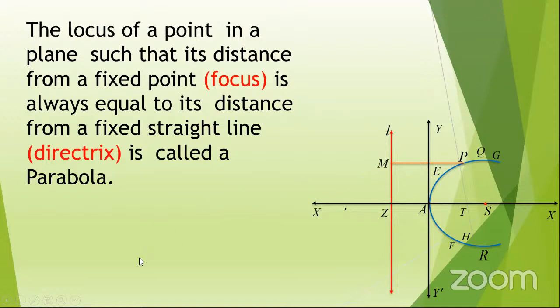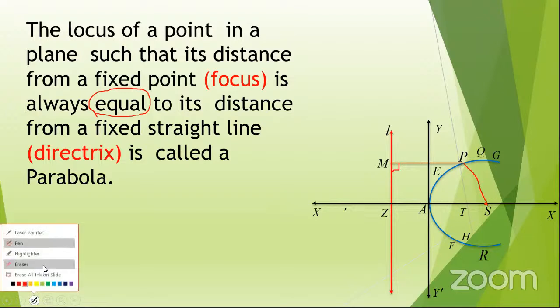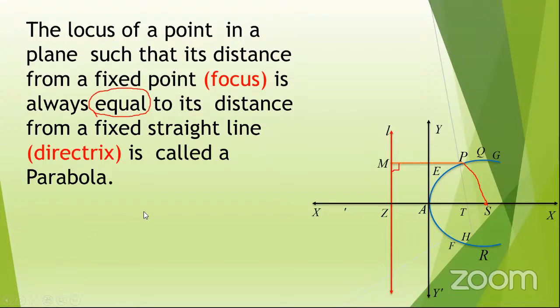So what is a parabola? The distance of the point from the fixed straight line and the fixed point, these distances SP and PM, are equal. Then the conic is called a parabola. What are those two distances? The distance of our point P from the focus, that is the fixed point, and the fixed straight line in the plane must be equal.